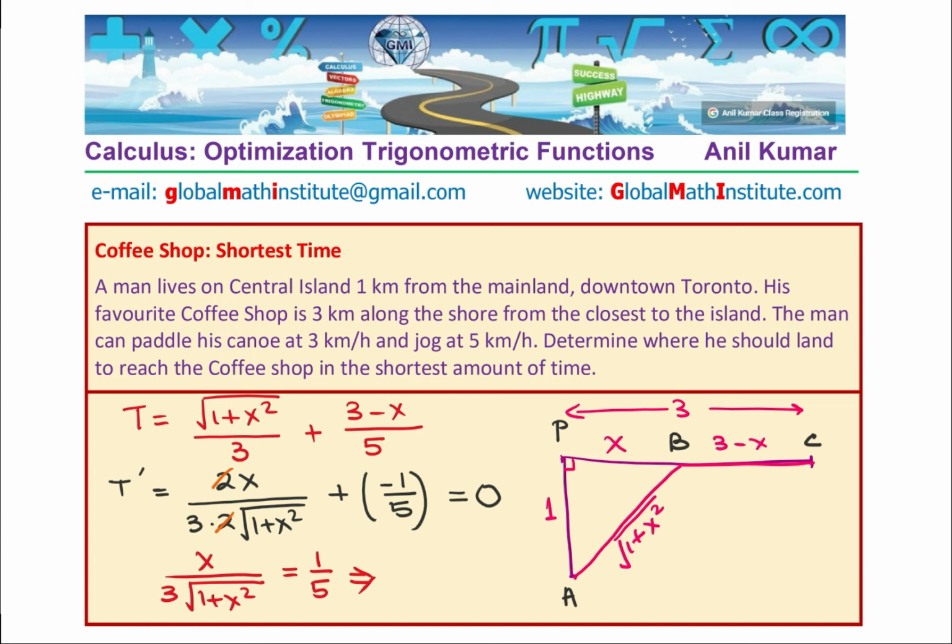So that implies, just cross multiply, we have 5x equals to 3 times square root of 1 plus x square, right? So from here, we can square both sides and then find the value of the critical number.